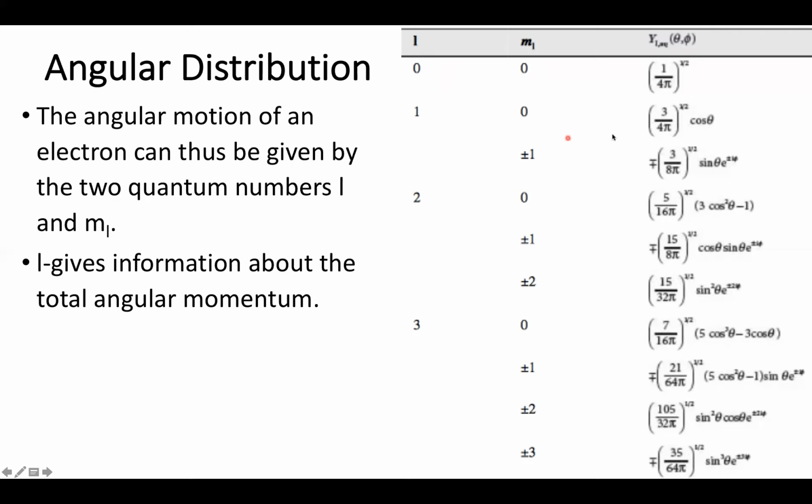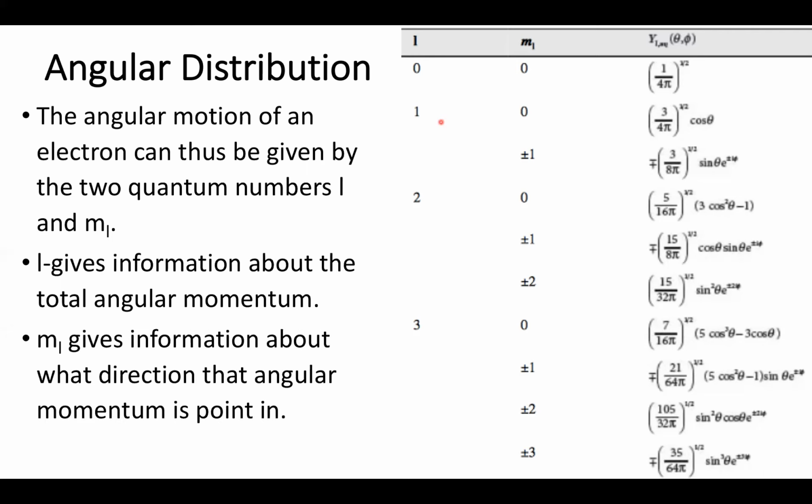However, it turns out that this isn't quite enough, because as soon as I start generating this angular momentum, I'm presented with a second question, which is, in what direction is that angular momentum pointed? And we essentially have three choices.